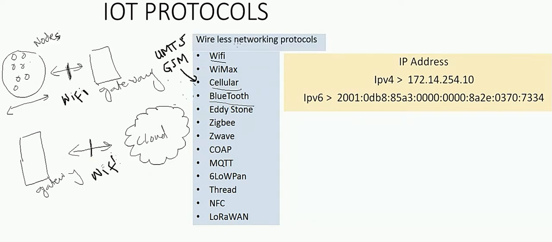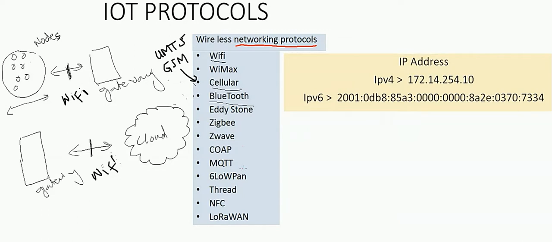So these IoT networking protocols use both IPv4 and IPv6 IP addresses.